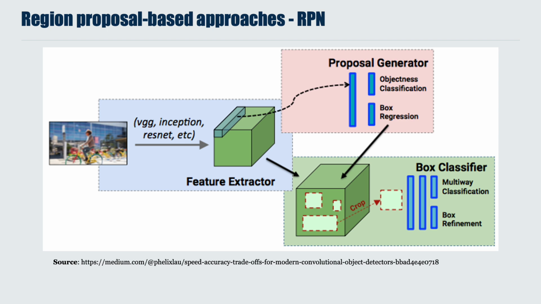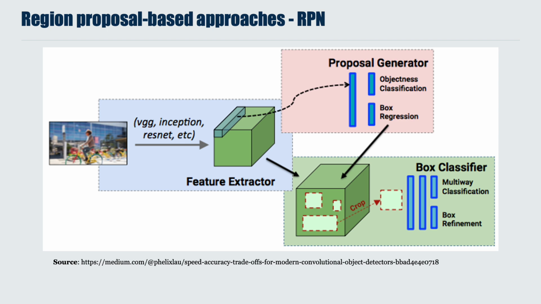So typically, things work like this. You have your feature extractor that is VGG, Inception, ResNet, whatever network you think is good for extracting features in your image.